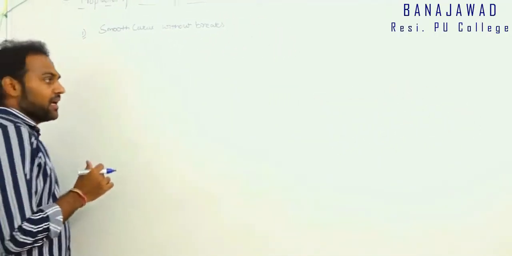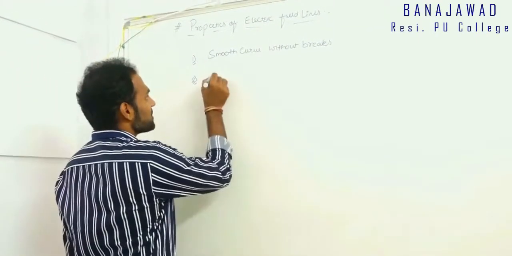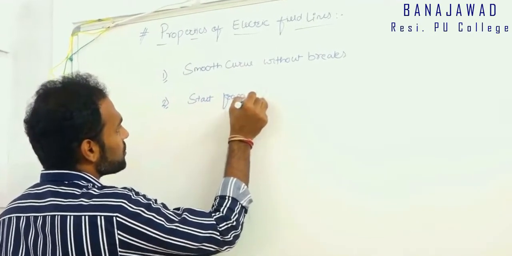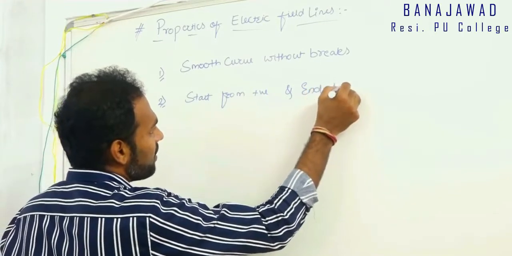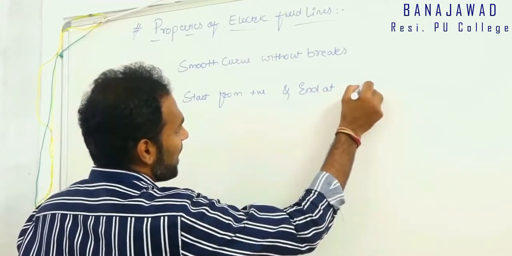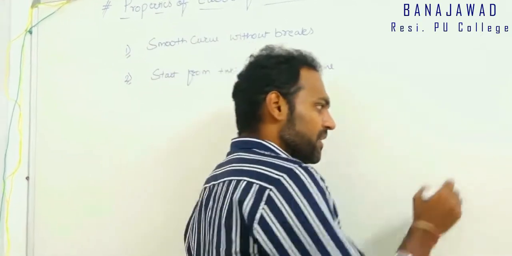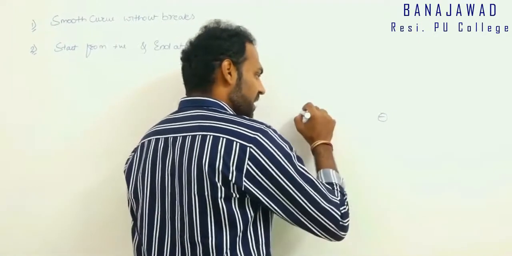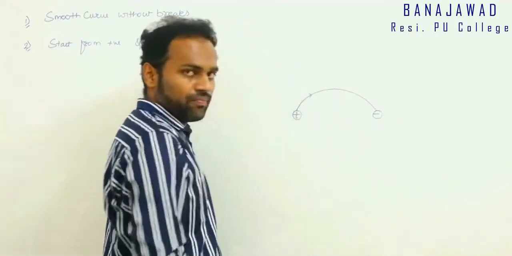Second property is electric field lines start from positive charge and end at negative charge. See, if there is a dipole, this is a positive charge and this is a negative charge. If an electric field line starts from positive, it will end at negative.